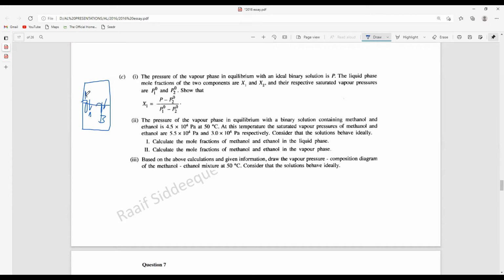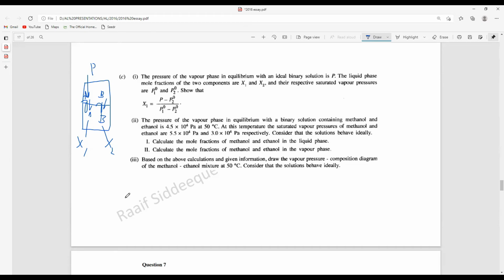So the total pressure is given as P here in the vapor phase. The liquid phase mole fractions of the two components are X1 and X2. So for A, we will take X1 and this we will take as X2. The saturated vapor pressures are given, P01 and P02. Show that X1 is this.